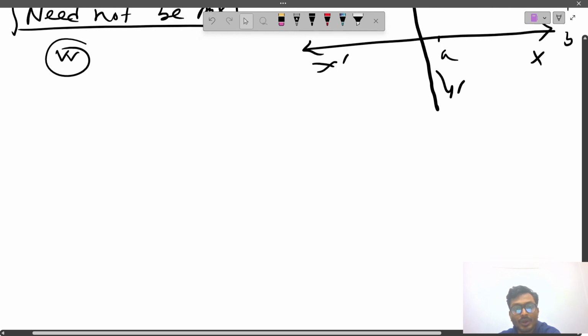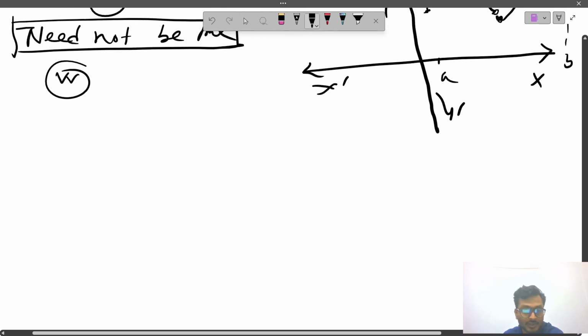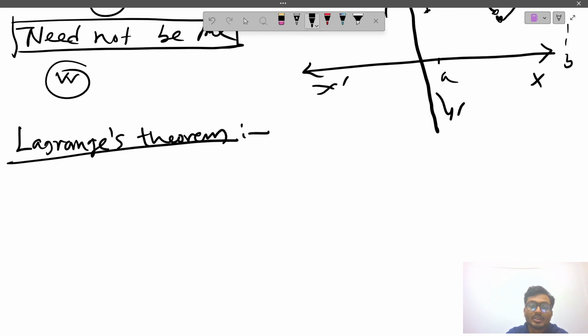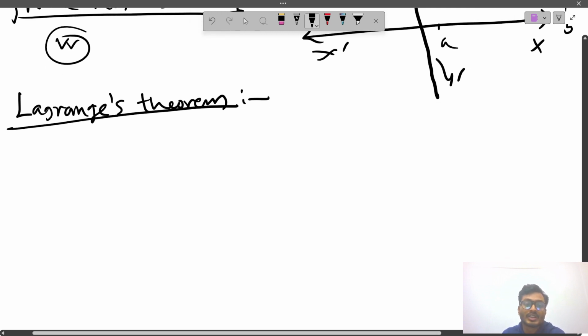Now we are going to Lagrange's theorem, right? So what is Lagrange's theorem? This is a kind of generalization of Rolle's theorem.